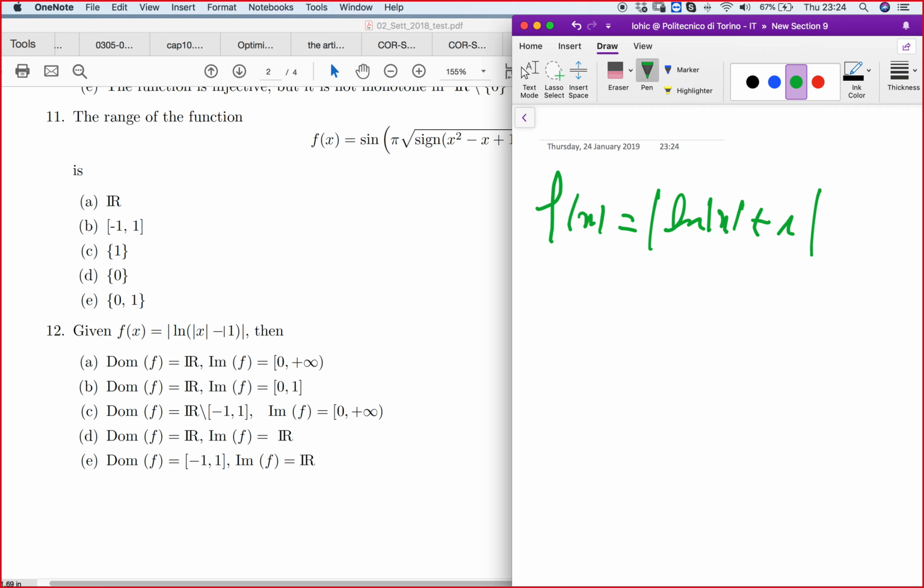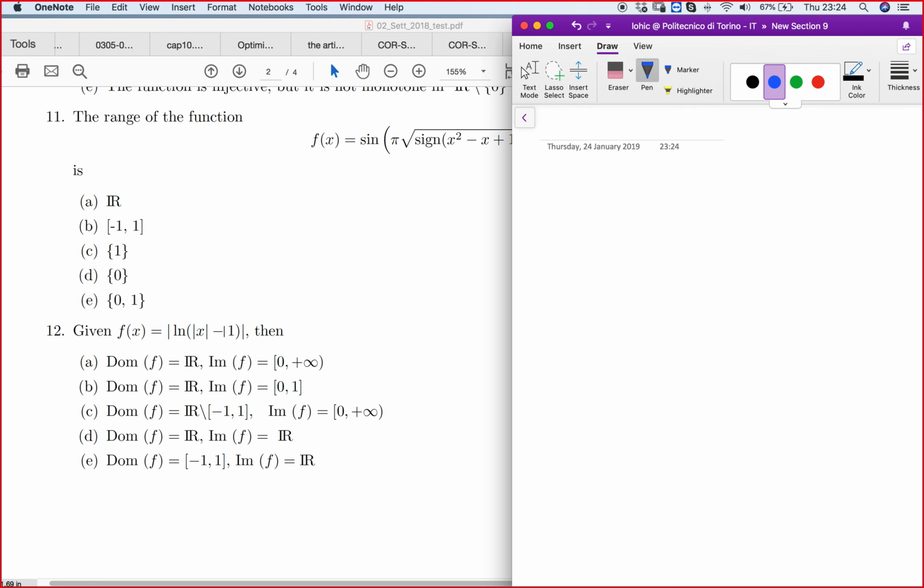No, this is completely wrong. So f of x equal to absolute value. Let me get a new page, please. This pen is getting crazy.